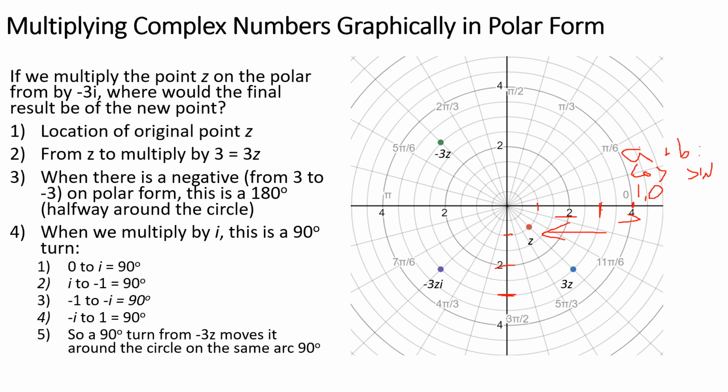So this would be 1 plus 0i. It's just 1 and 0. Now, when we go from here to there, it's 90 degrees. Remember, this is i now right here. This is the imaginary plane, plus i, and that is 90 degrees.